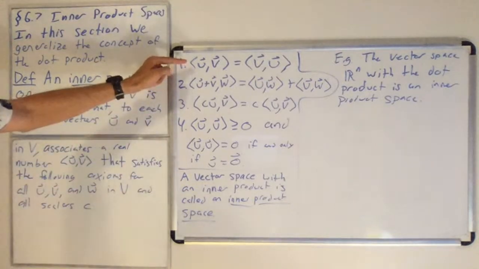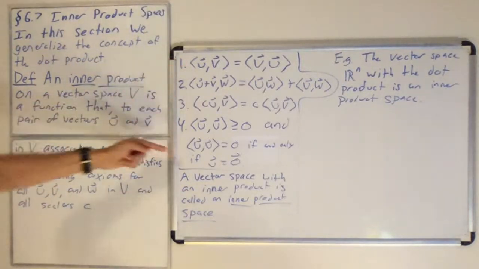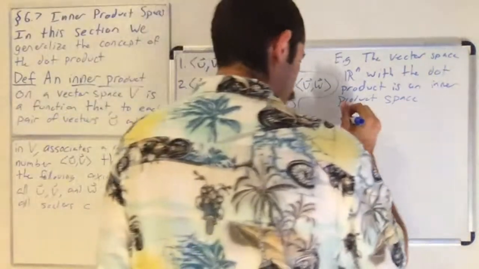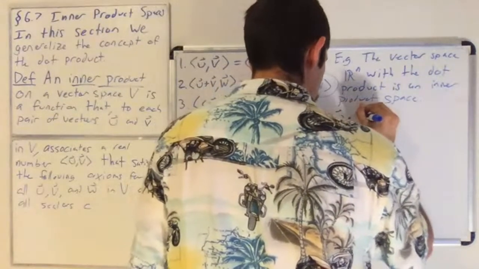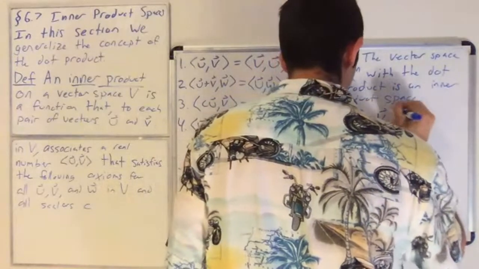Well, we could just show that the dot product satisfies all four of these properties. Right, u dot v is equal to v dot u.